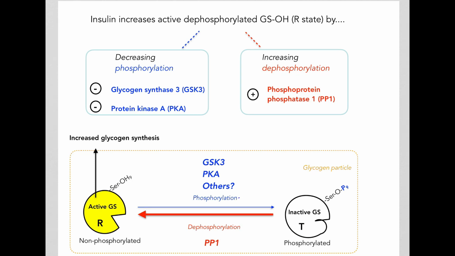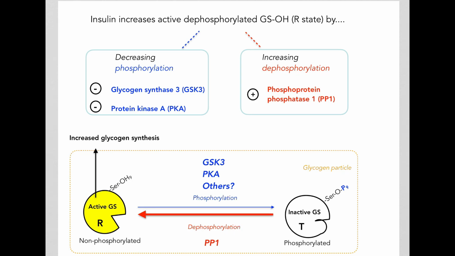The phosphorylation of glycogen synthase, which will convert the active R form into the inactive T form, is carried out by several proteins. We'll just talk about two important ones, GSK3 as well as PKA, while the dephosphorylation, the conversion of the inactive T form to the active R form, is carried out by a protein called PP1.